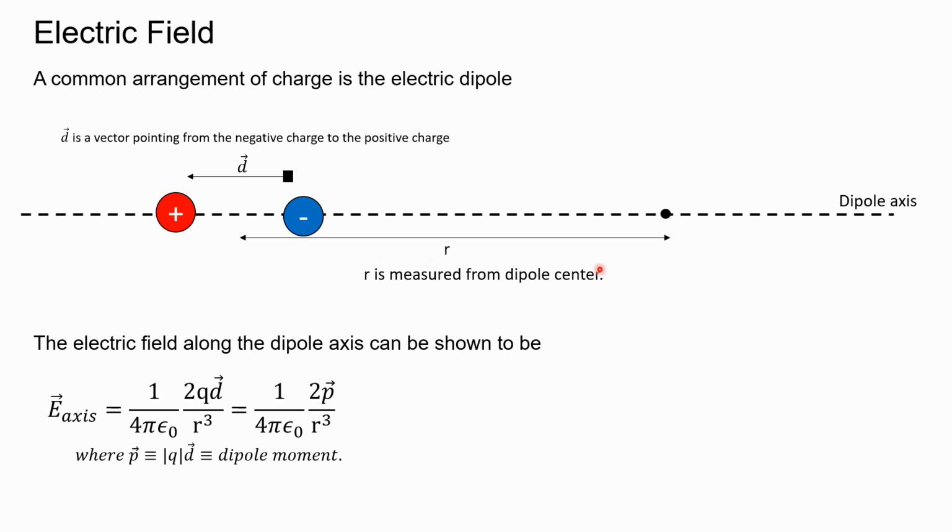This can be written more succinctly as 1 over 4 pi epsilon naught, 2p over r cubed, where p is equal to qd, and this is the dipole moment. So the dipole moment is the charge of each particle within the dipole multiplied by the distance between the two charges.